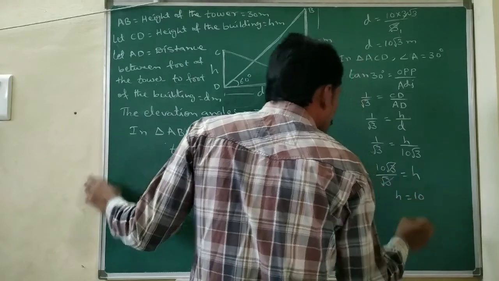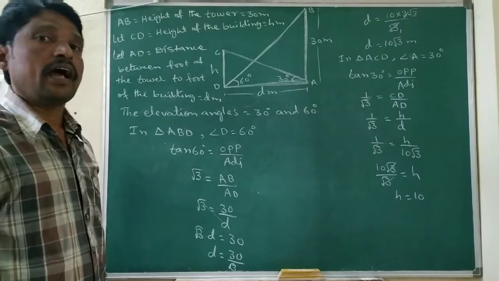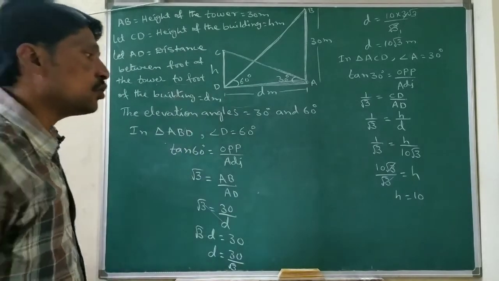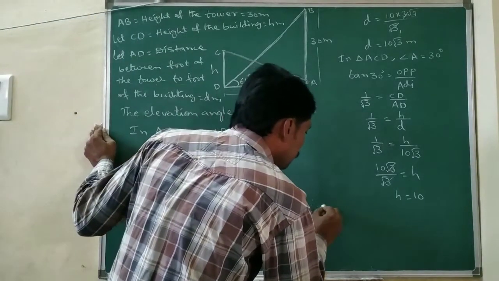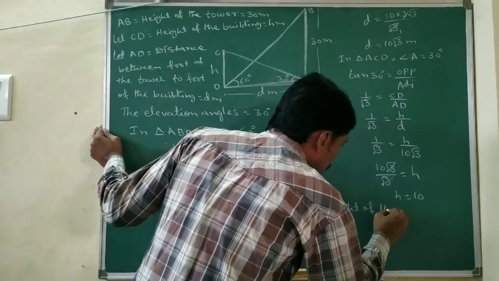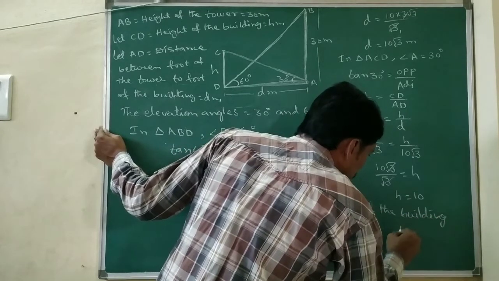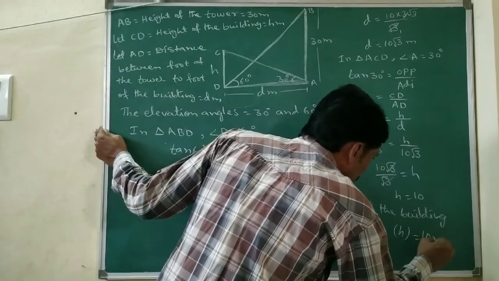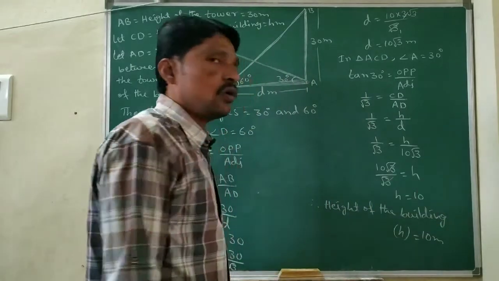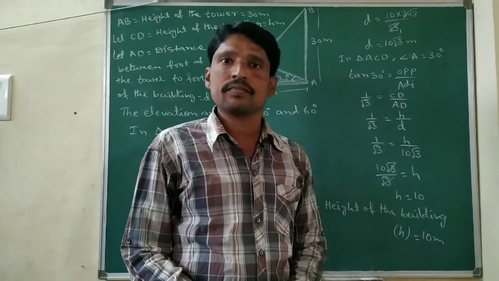H equals 10. So what is H here? What we took as H is the height of the building. Therefore, the conclusion you can write: the height of the building H equals 10 meters.